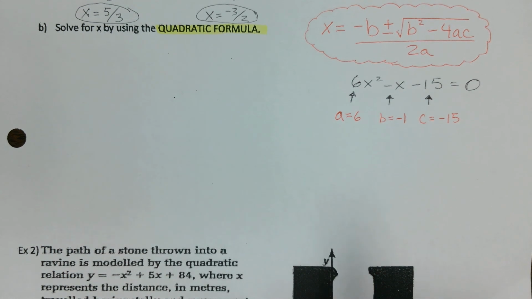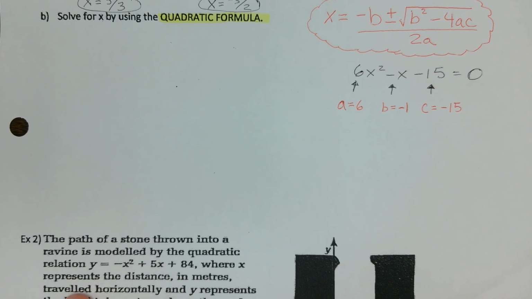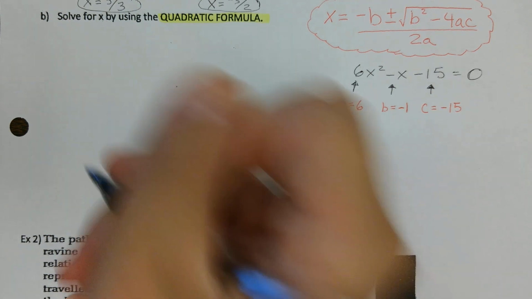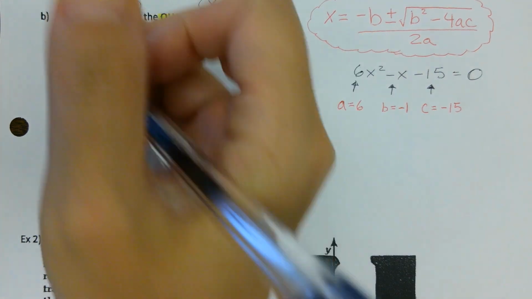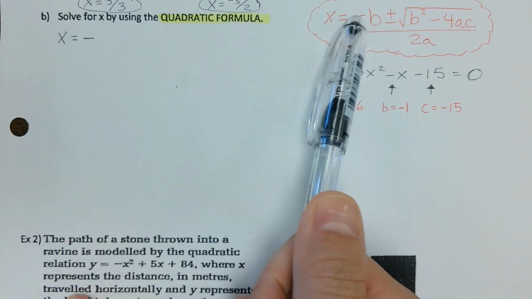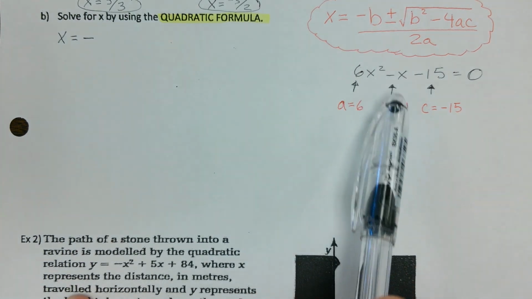Okay. So now I can sub everything into the formula. Now when I substitute, what do I need around that number? Whenever I do substitution, I need brackets. Thank you. Very, very, very important in this case. Okay, so there's a negative right here. It has nothing to do with B being positive or negative.